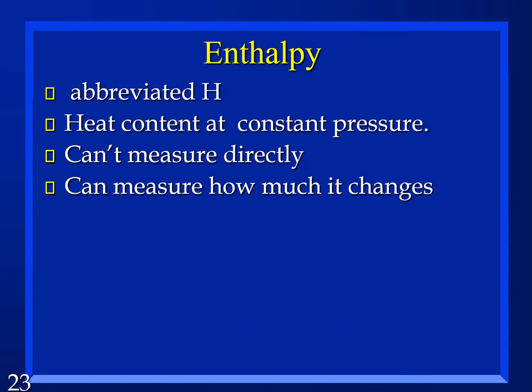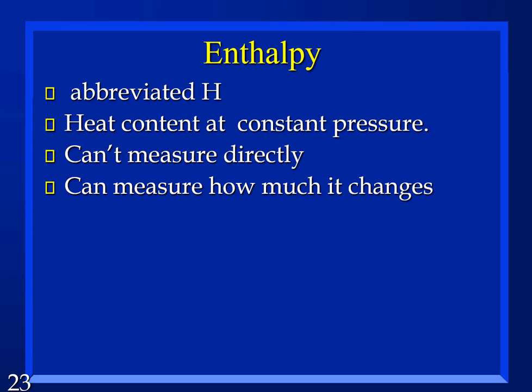Well, the same thing is true of enthalpy. We can't give it a number. We can't say exactly what the heat content is, but we can measure how much it changes by seeing how much heat it gives off. If you've got this much heat content when you start and you have this much heat content later, the difference between those two is how much heat you got rid of.